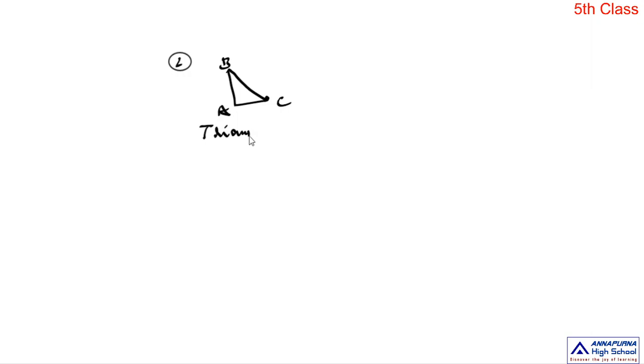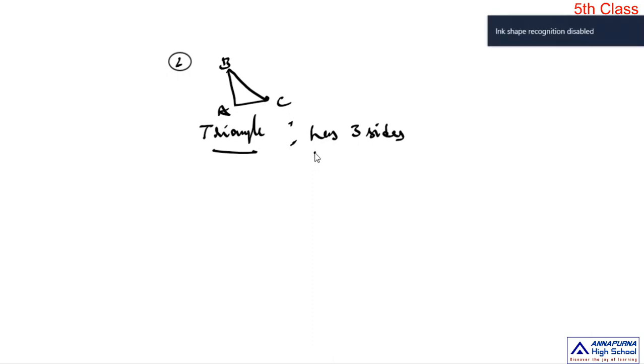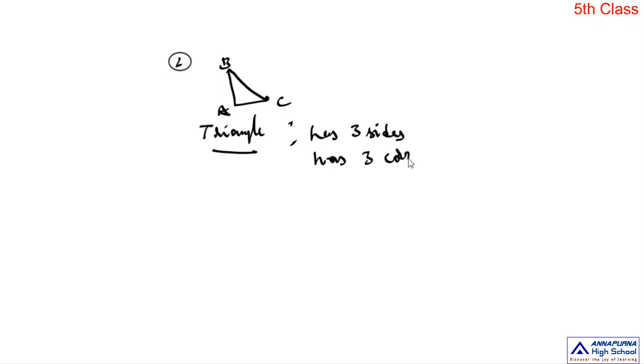A triangle, as you already know, is a closed figure bounded by 3 line segments. It has three sides and three corners. AB, BC, CA are the three sides.